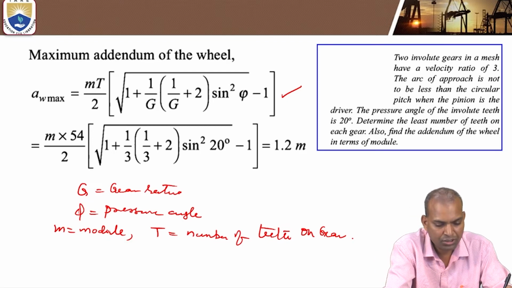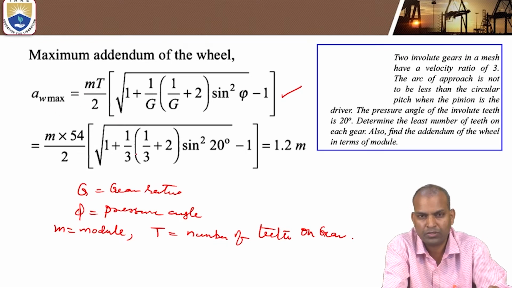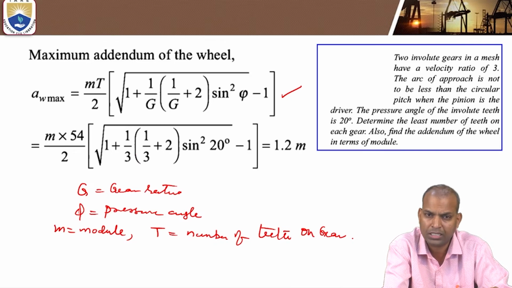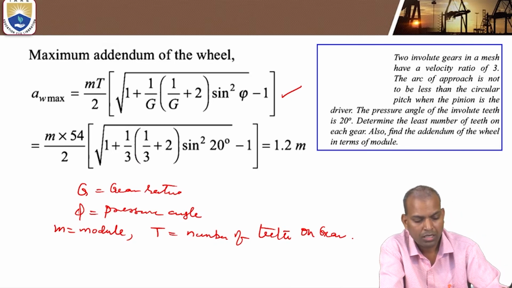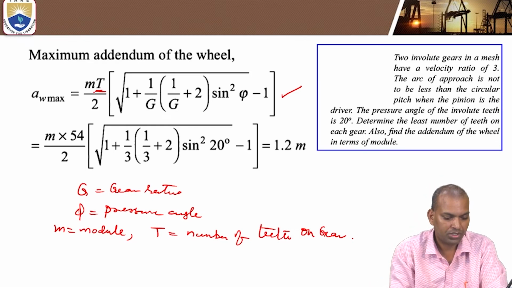Now this is the maximum addendum of the wheel: AW maximum equal to m into capital T by 2 times under square root of 1 plus 1 by g times 1 by g plus 2 sin square phi minus 1. Substitute the capital T value observed here, which is 54.